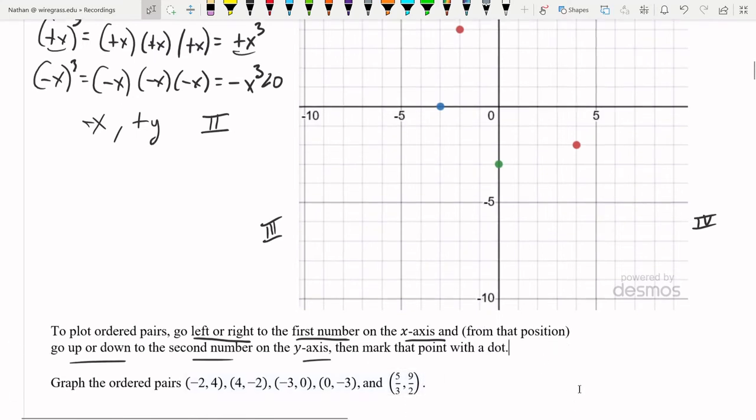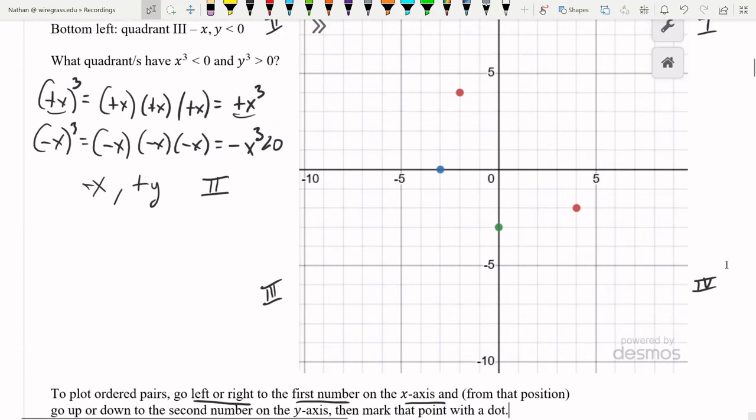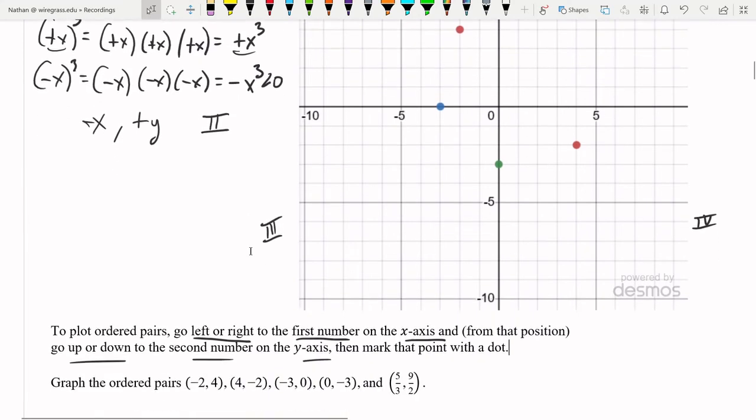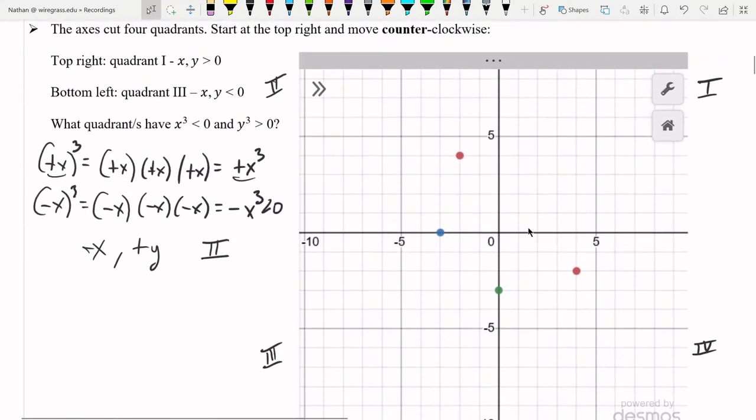So 5/3 is 1 2/3. So 1 2/3 is just about here on the x-axis. Then from this point, we're going to go up to 9 halves. 9 halves is 4 1/2.